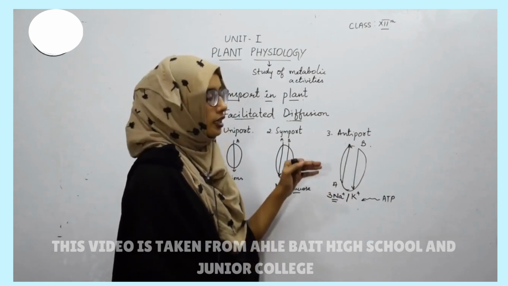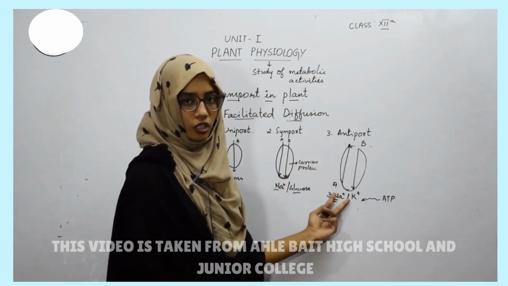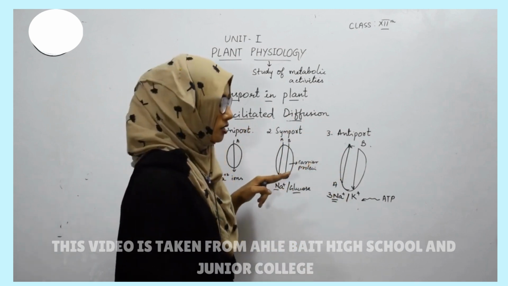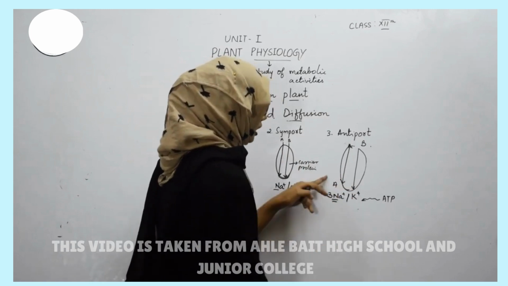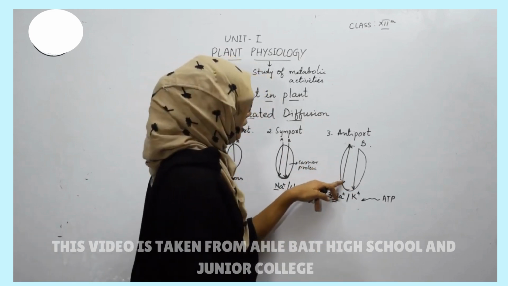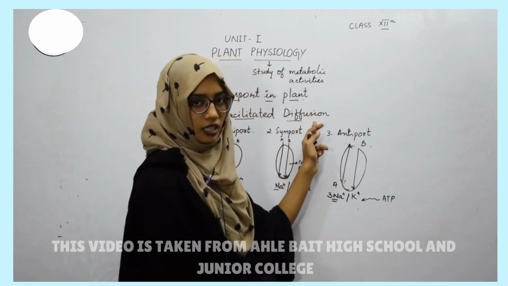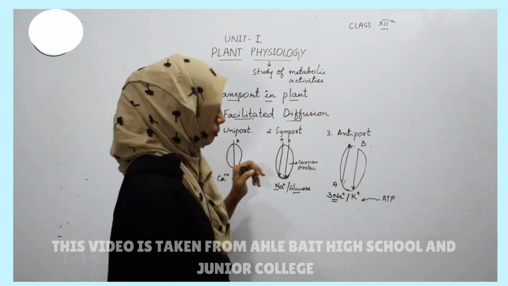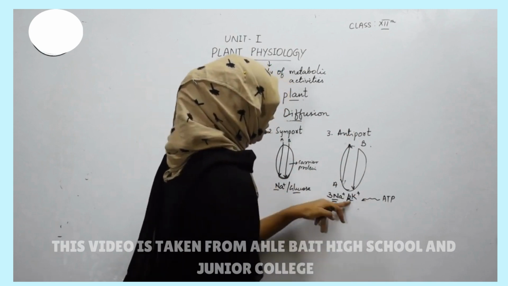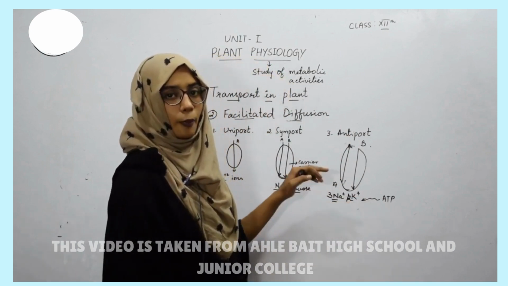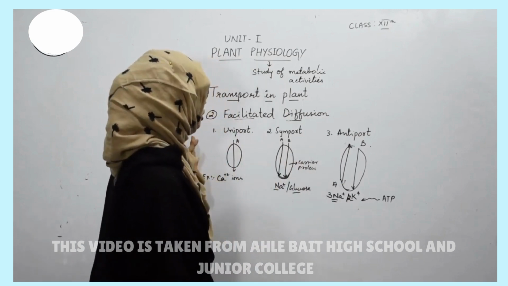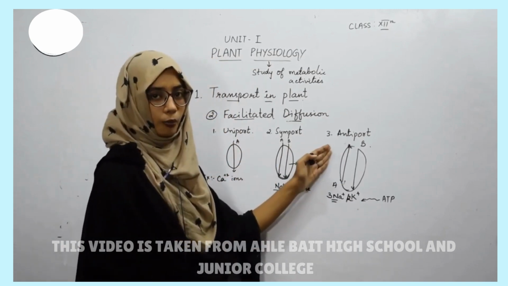Hence, it shows that two different molecules are getting transported in two different directions. Therefore, we can see that the sodium ions are transported outside the cell membrane, and the potassium ions are coming inside the cell membrane. Two potassium ions are allowed to get inside the cell by the release of one ATP molecule. So, this is about the uniport, symport and antiport.